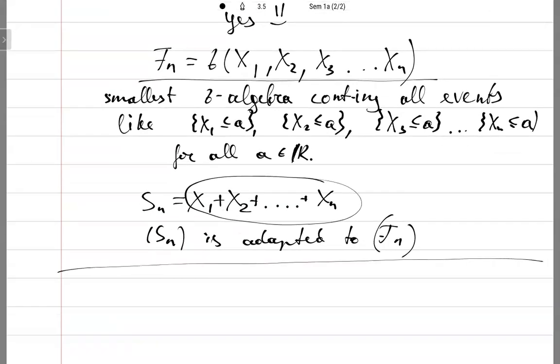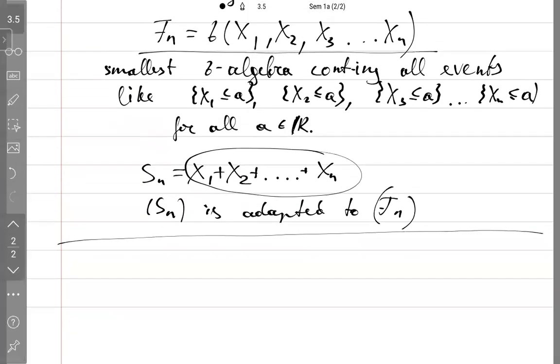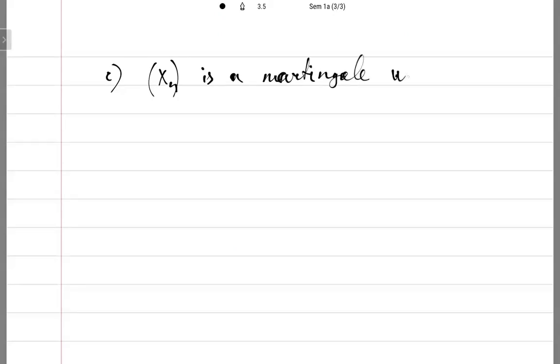Okay, now let's check whether they are martingales. Is Xn a martingale with respect to filtration Fn?